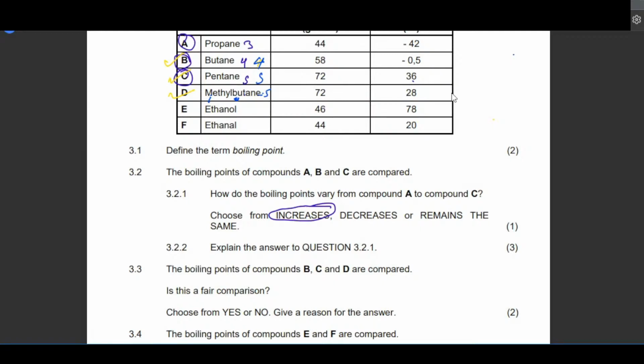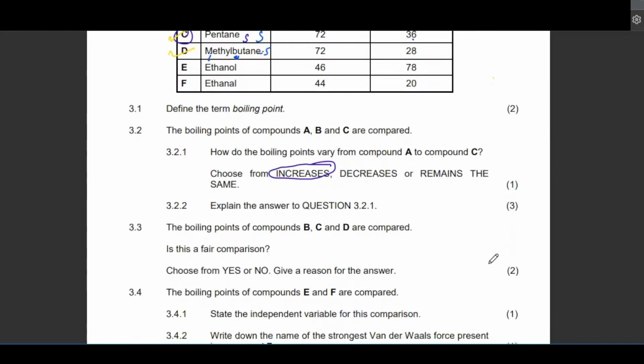So we have 2 independent variables changing. So the answer becomes no. Is this fair? It's not fair. Why? Because 2 independent variables, 2 factors, are changing. So we won't know what caused what. So therefore, no. Give a reason for your answer: because 2 factors are changing.